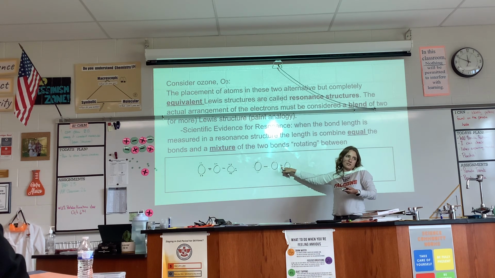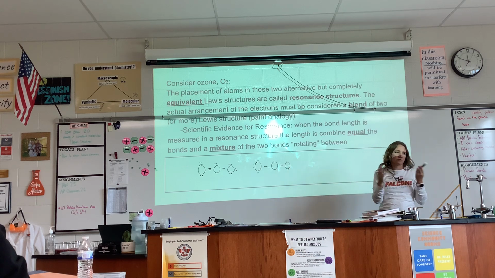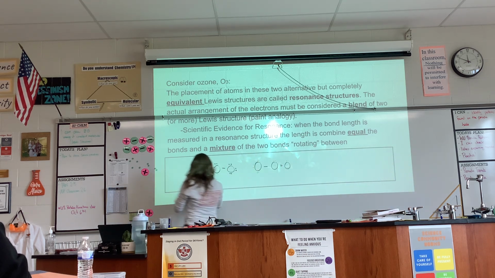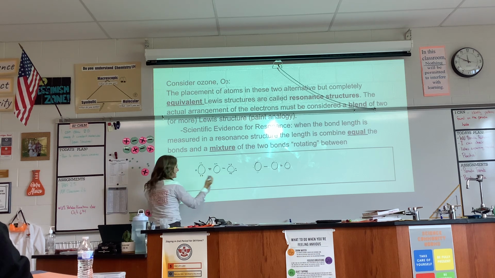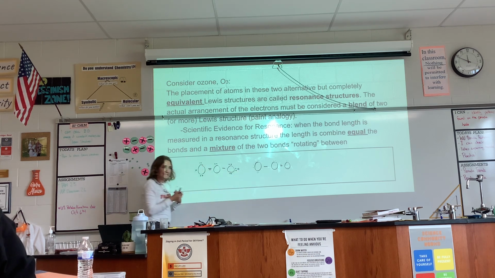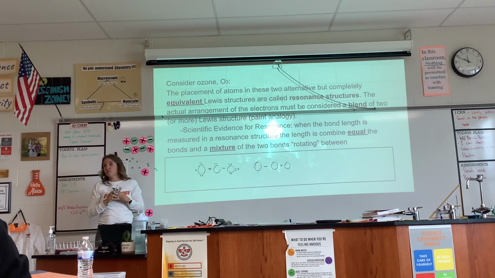Which sometimes in a picture it's like, oh, it's the same thing, you just do it in a different spot. But it actually is a different molecule when it comes down to what it is. Because this, let's call this oxygen A, and this is oxygen B. If you move the double bond, then it's a different atom that it's bonded to, even though they're both oxygen.